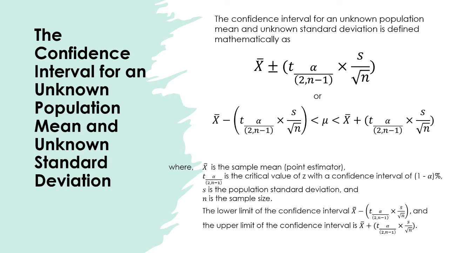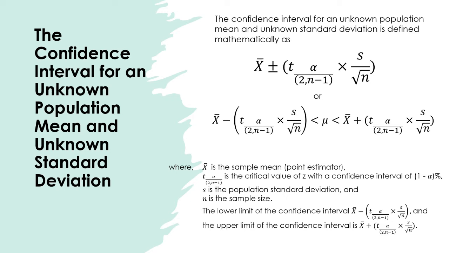that is your point estimator, your t sub alpha over the quantity of 2 and n minus 1 is the critical value of t with a confidence interval of 1 minus alpha %. Your s is the sample standard deviation and your n is your sample size. The lower limit of the confidence interval is x bar minus t sub alpha over the quantity of 2 and n minus 1 multiplied to s divided by the square root of n.